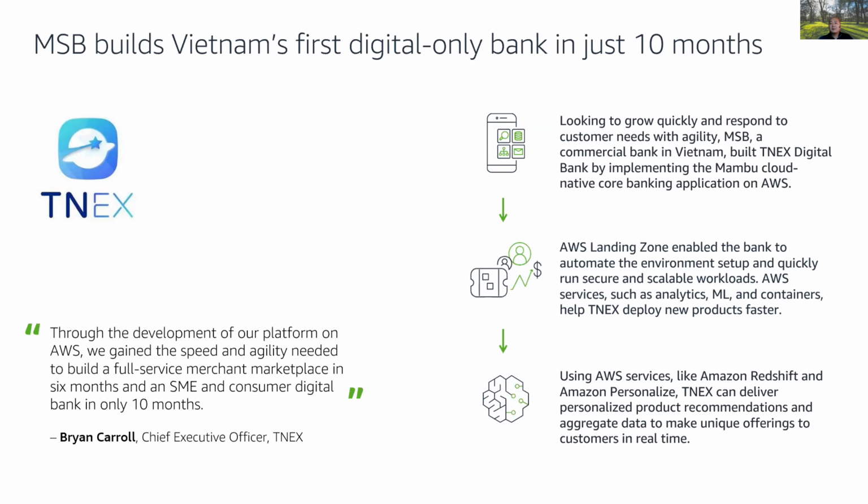By working with AWS, looking at all the toolset, for example the landing zone to set up your initial AWS environment from dev to production, and various architecture reviews and recommendations for your workloads. In this case, the Vietnam bank has workloads in data analytics, machine learning, and containers, and by working with the AWS team, they were able to complete the journey in 10 months. This is a really amazing story.